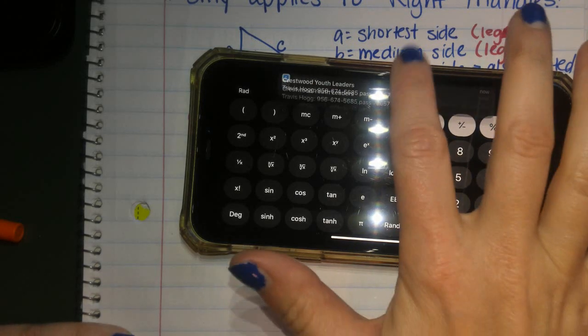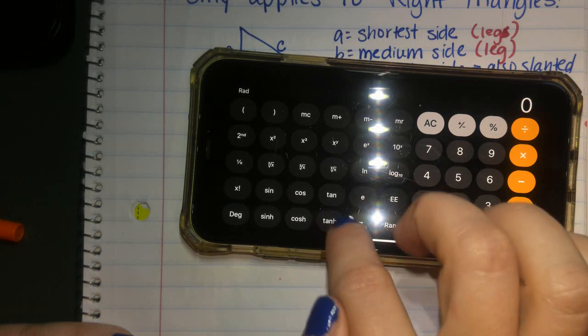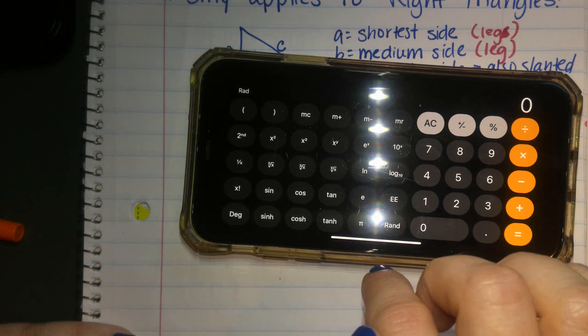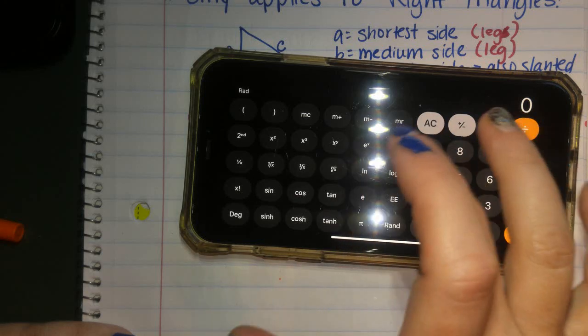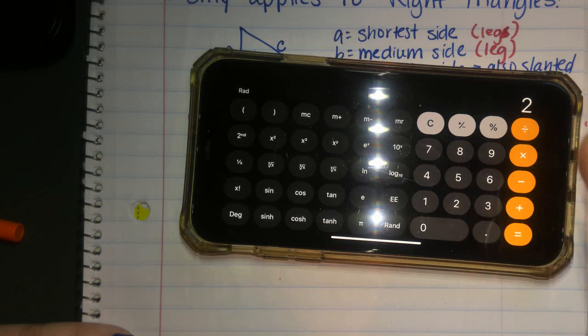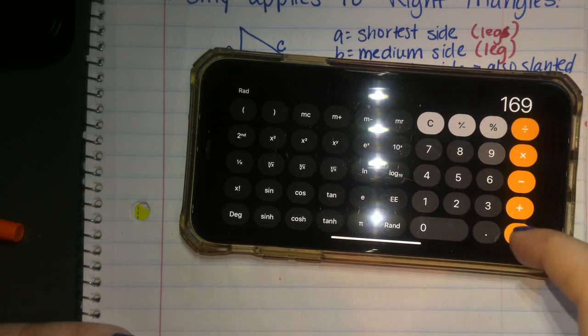It's the square root button. So, trying to find it here, it looks different. Alright, so what we have to do is put the 2 in to tell it what root it is, and then 169.